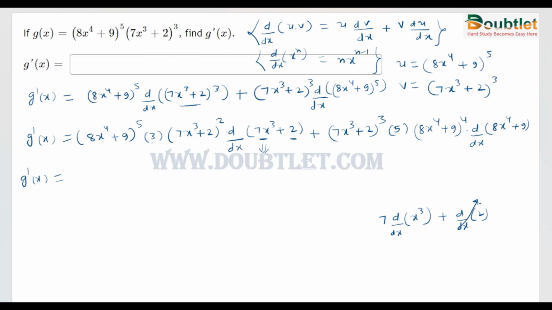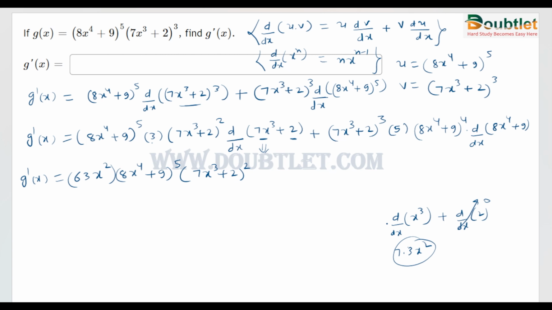So 2 is a constant term, so it will become 0, and x^3 differentiation will be 3x^2. So 7 multiplied by 3x^2 will become 21x^2. So 21x^2 will be multiplied to this, it will become 63x^2. Then we can write this as (8x^4 + 9)^5 and then (7x^3 + 2)^2.